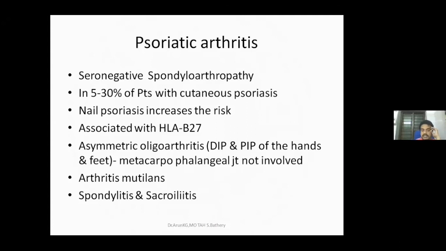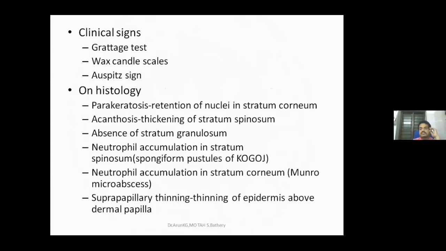Then spondylitis and sacroiliitis will be there. So in psoriasis, we should check for Grattage test, Woronoff ring, and Auspitz sign.